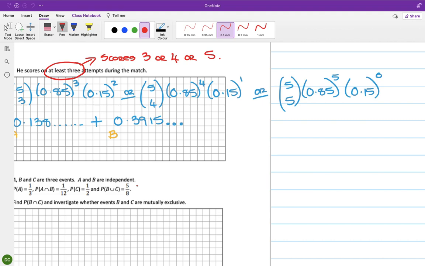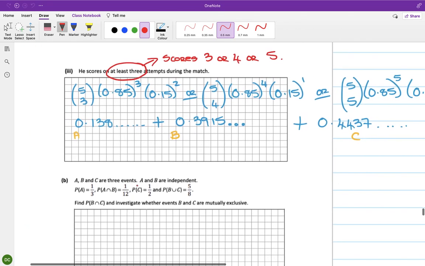And then the last one is 5 choose 5 multiplied by 0.85 to the power of 5 multiplied by 0.15 to the power of 0. And here I am getting OR, so plus for OR, 0.4437, and I'm going to store that in C. Okay, and then just add them up.